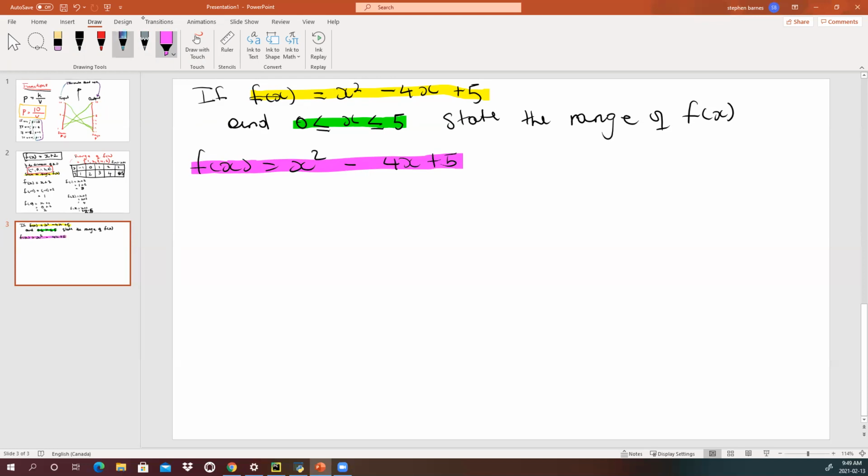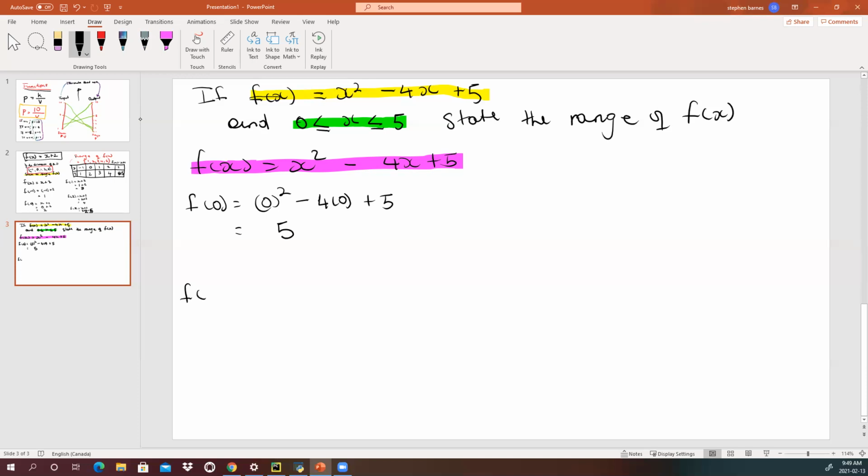So that's our function there. It means that f of 0 will be equal to 0 squared minus 4 times 0 plus 5, which is equal to 5, because 0 times 0 is 0, 4 times 0 is 0, and we're left with just 5.